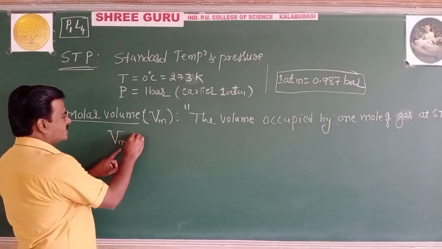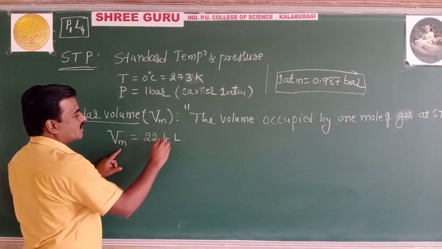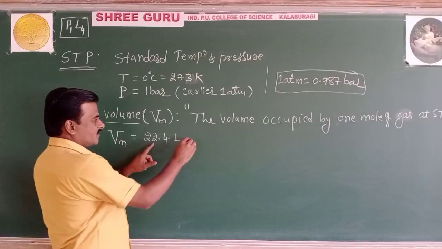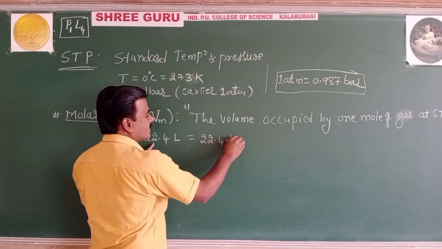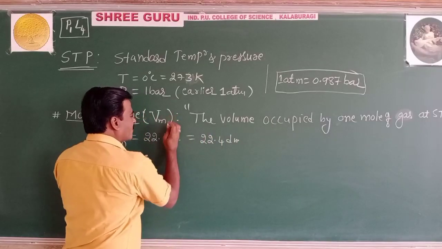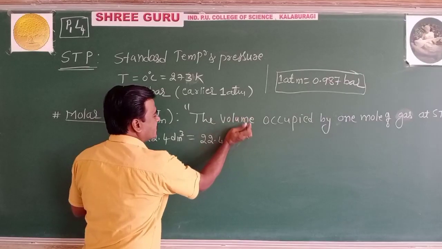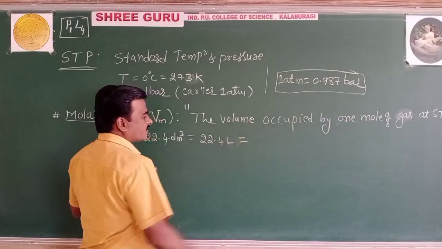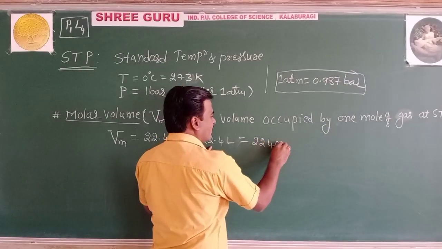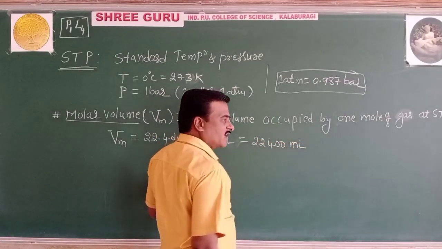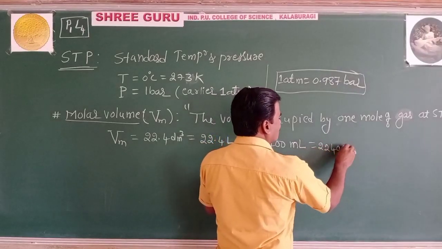So molar volume is equal to 22.4 liter, which is the same as 22.4 dm cube, same as 22,400 milliliter, and same as 22,400 cm cube.